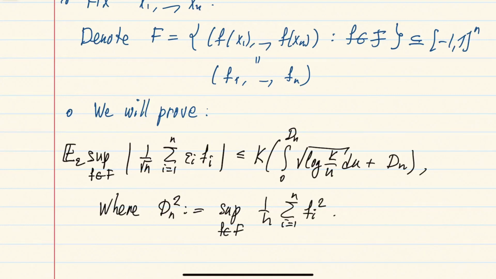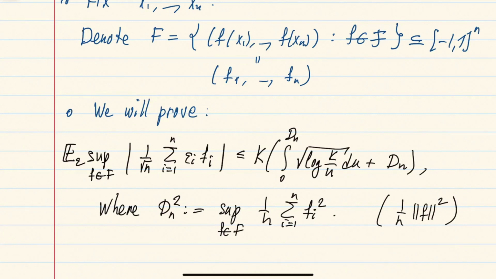So in other words, here you just take the Euclidean norm of your vectors f, over which you maximize the square, and you normalize it by n, and when you take the supremum you get dn squared, or when you take the square root you get this quantity dn.